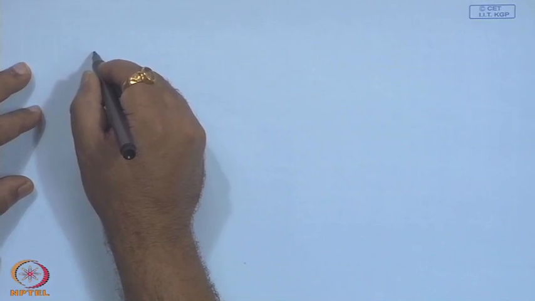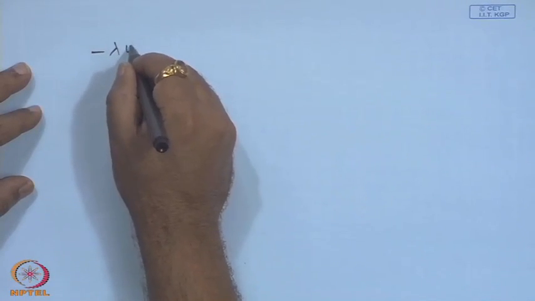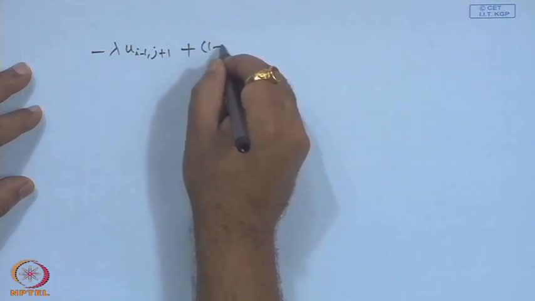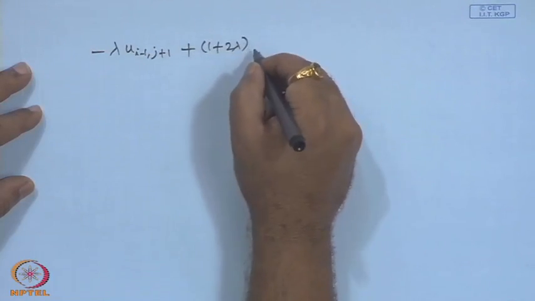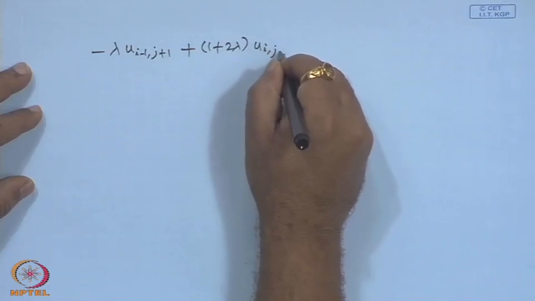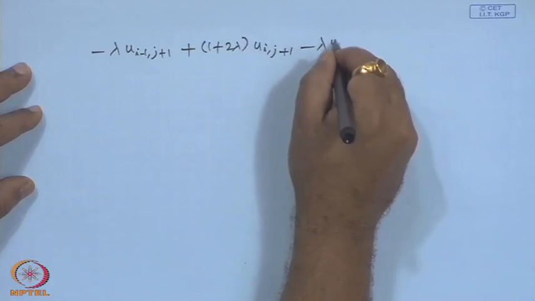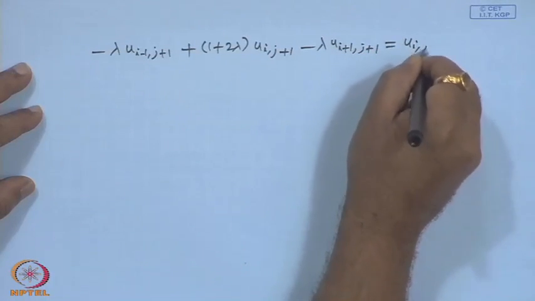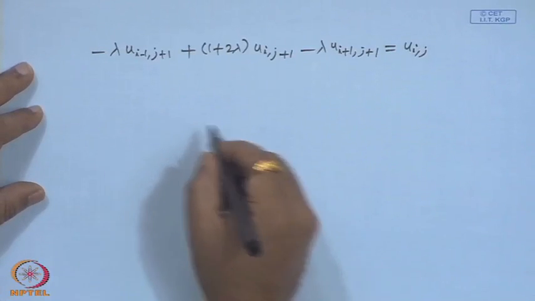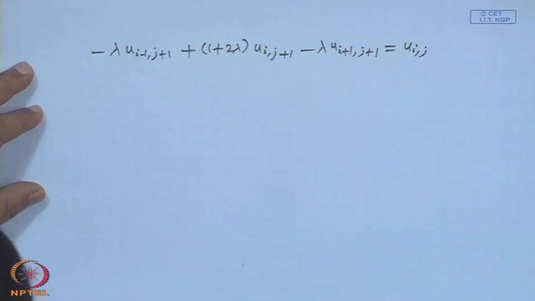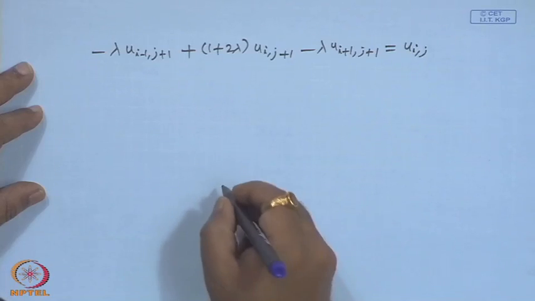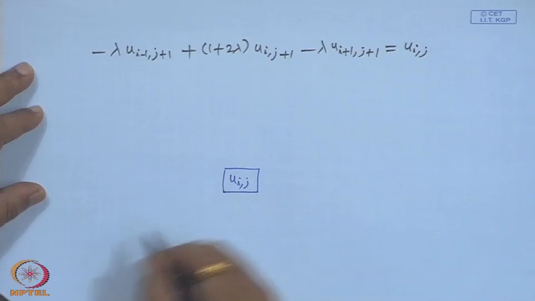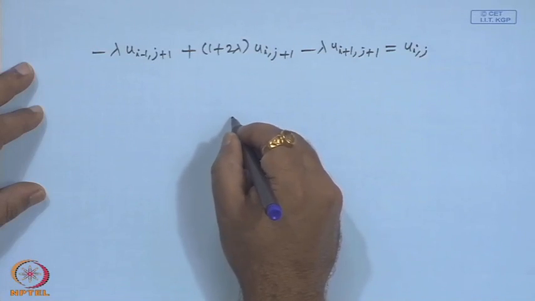The formula we have, which means suppose this is u i j.